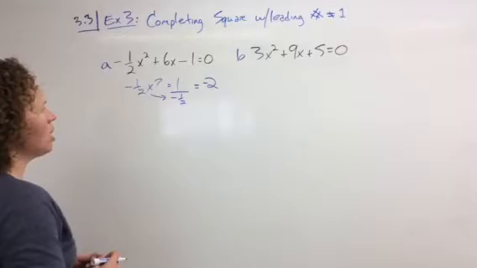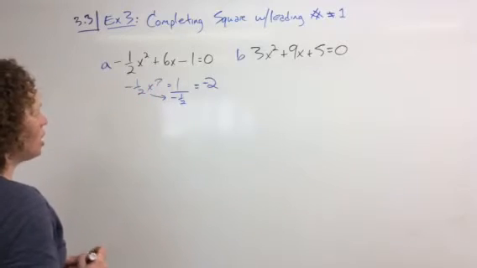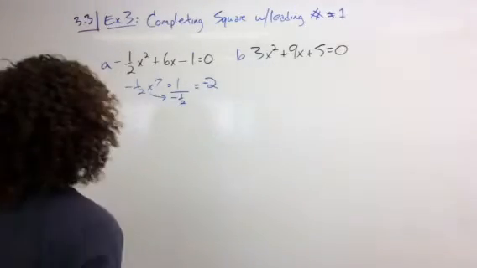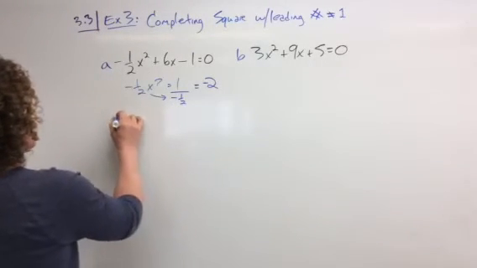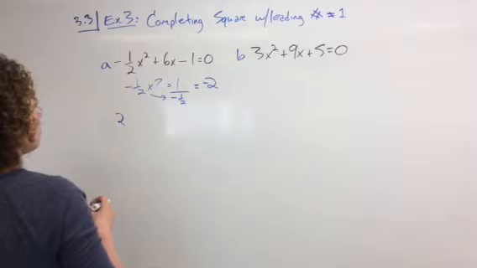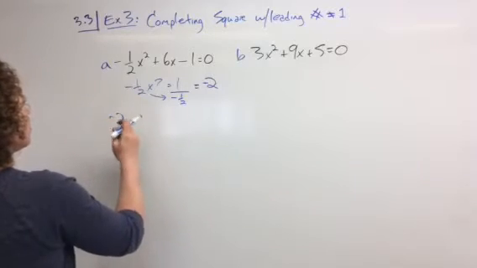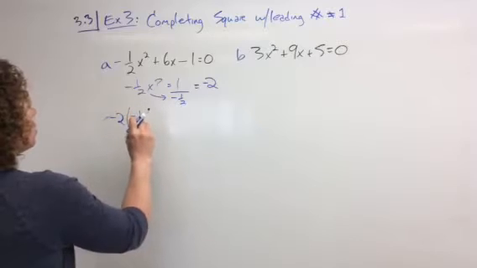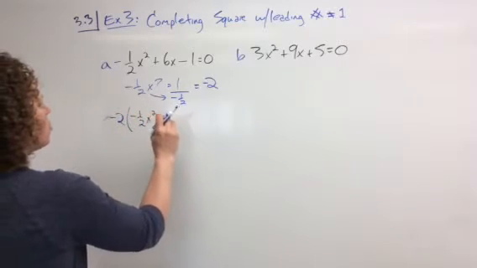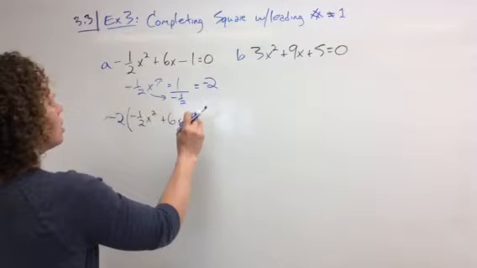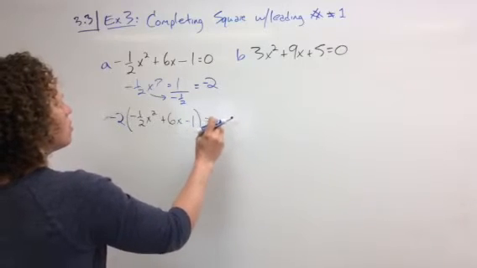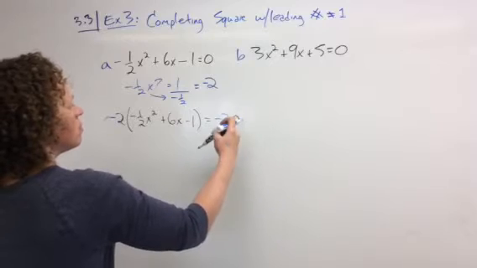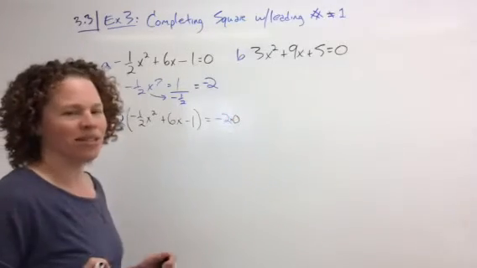So what I'm going to do then with my original equation is I'm going to multiply all of it by negative 2. So negative 2 times negative 1/2 x squared plus 6x minus 1 equals negative 2 times 0.